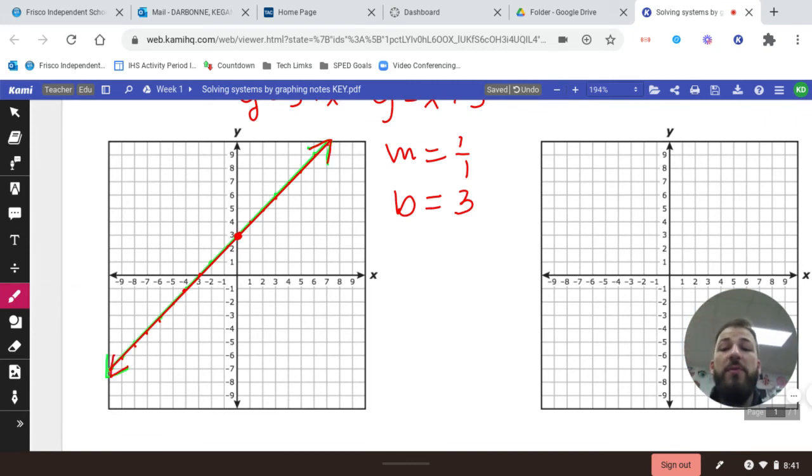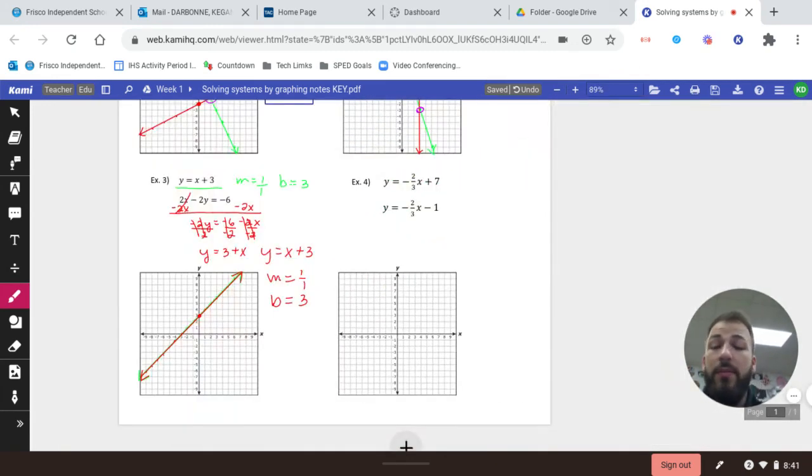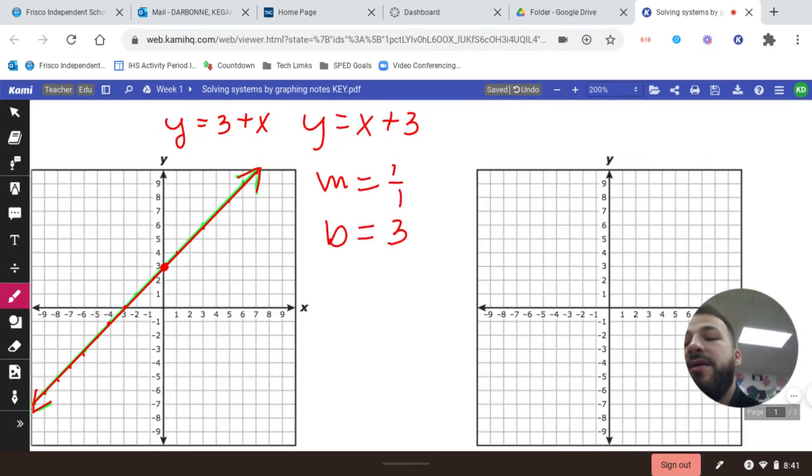All right, so what you've probably picked up on is because both of our lines are literally exactly the same, we touch them everywhere. We don't have one point of intersection. Our two graphs intersect along their entire line. So instead of having just one solution, we call this an infinite solution.